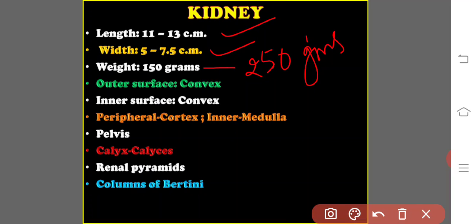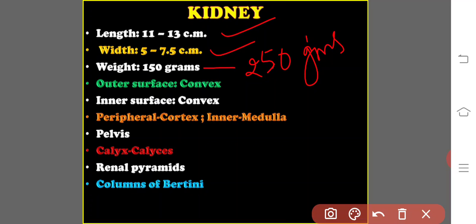Already we learned that the outer surface is convex and the inner surface is concave. Inside, you can see the section of the kidney that divides it into two regions: the outer cortex and the inner medulla. The outer cortex is somewhat thick, red in color, and granular.